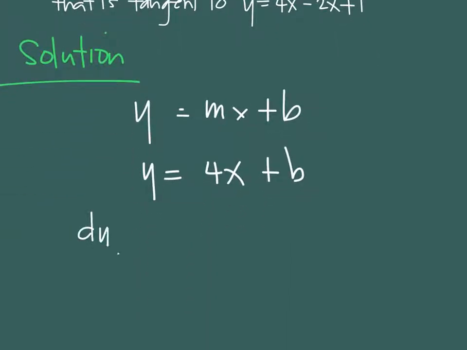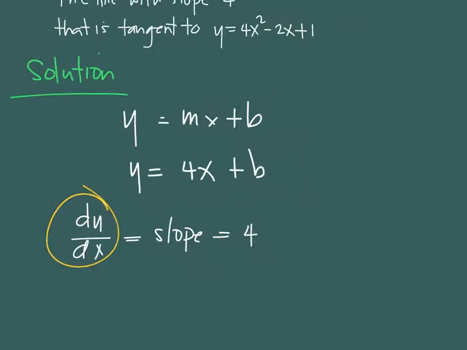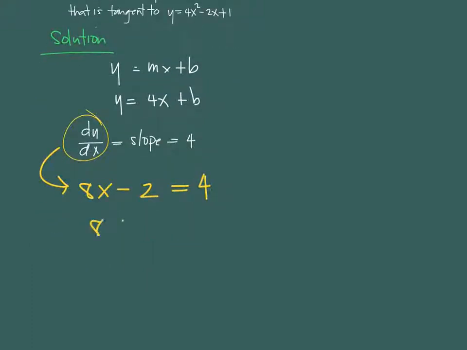The dy over dx is equal to the slope, and in this case it is equal to 4. So it means you need to know this. What is the dy over dx? 8x minus 2. And this is equal to 4. So that means 8x is equal to 6, and x must be 6 over 8 or 3 over 4.